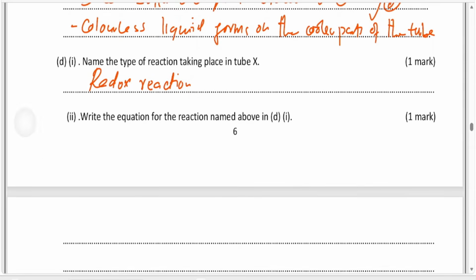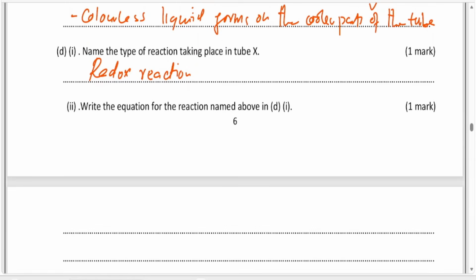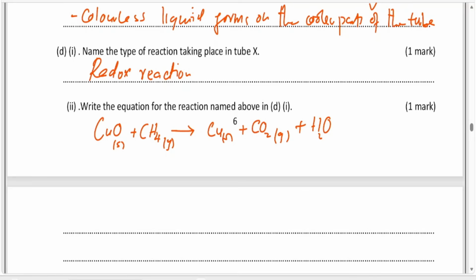Write the equation for the reaction. So writing the equation for the reaction in the above, Roman B, Roman 1. We have copper oxide, it is a solid. It is reacted with methane. Methane is a gas at room temperature. Then this leads to formation of copper solid, carbon dioxide, which is a gas, and water, which is formed as a liquid before it is condensed.